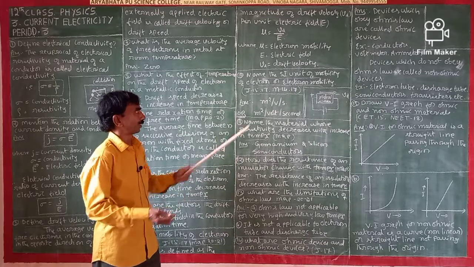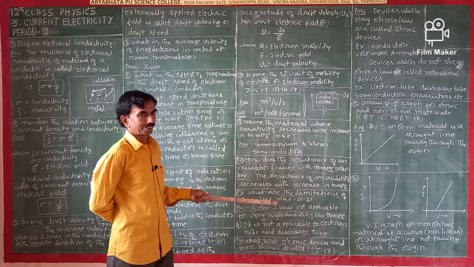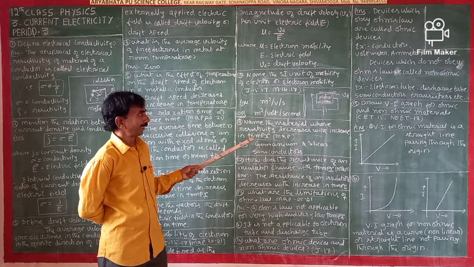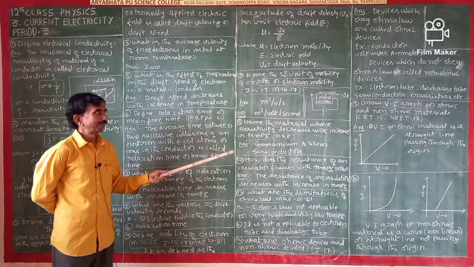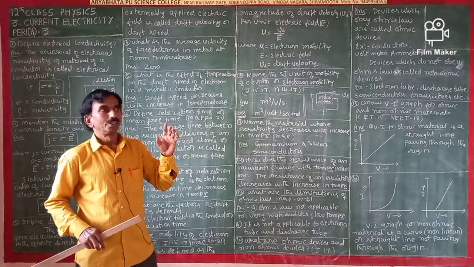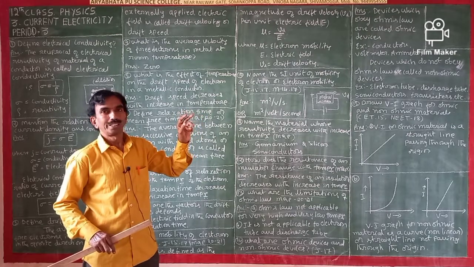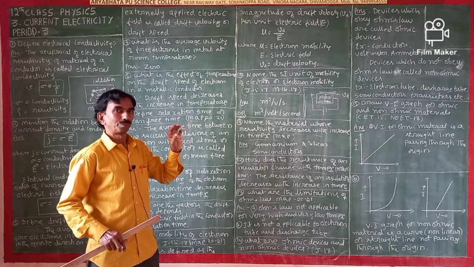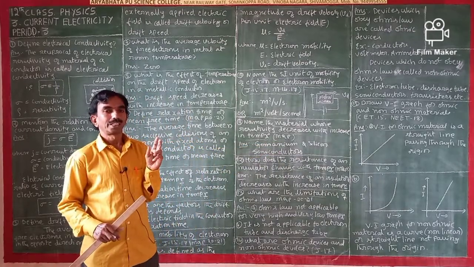Name the material whose resistivity decreases with increase in temperature. There are some materials in which resistivity decreases with increase in temperature: germanium and silicon, which are semiconductors. You have some familiar experience of this. In mobile phones, after overcharging, the phone automatically switches off, because semiconductors like germanium or silicon are used in the charger.